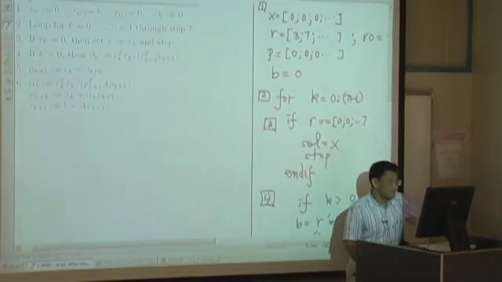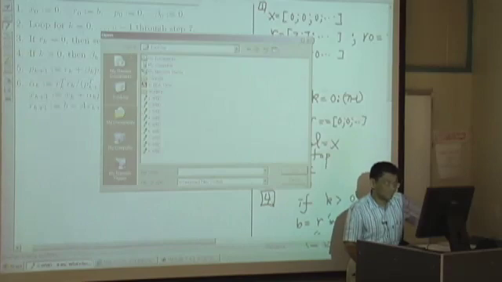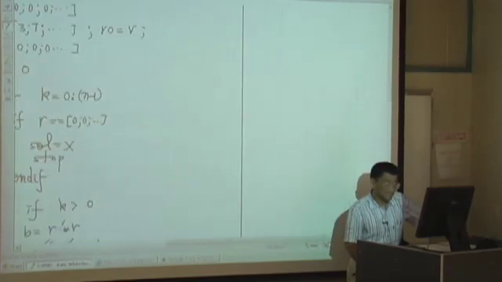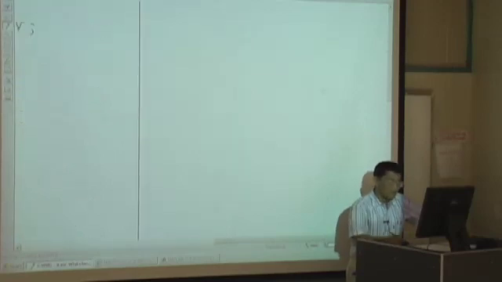Then the next thing is handling nonlinear systems. We have handled linear systems, but what if we need to handle a nonlinear system?